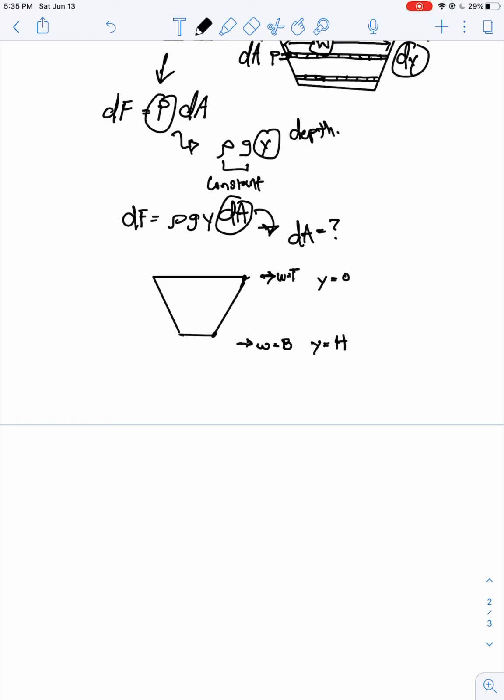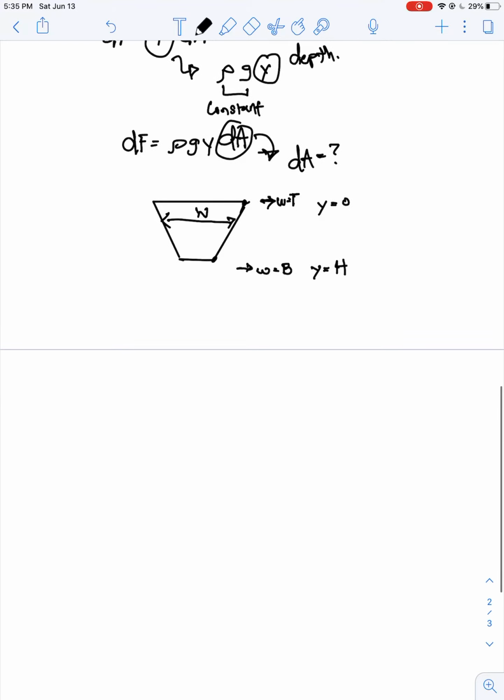Well, we can easily note that this width is changing with the depth. How does it change with the depth? Well, it's linearly dependent on the depth. And we can get the slope of this. The slope would be just the slope formula.